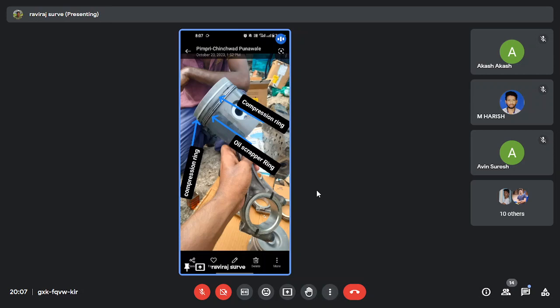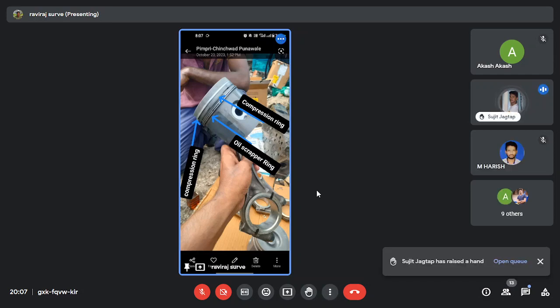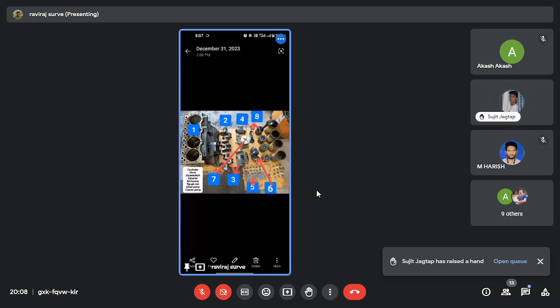Then this is the ring we use in the four-stroke diesel engine. This is a compression ring. First one is a compression ring. Second one is also a compression ring, and third one is the oil scraper ring. Is it visible? Yes, it's visible.